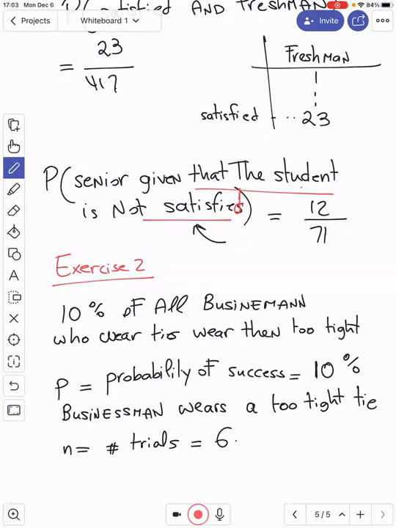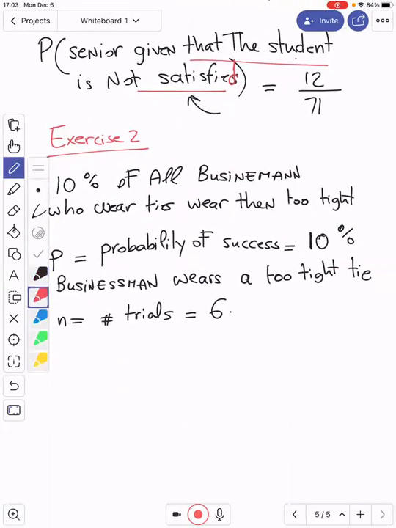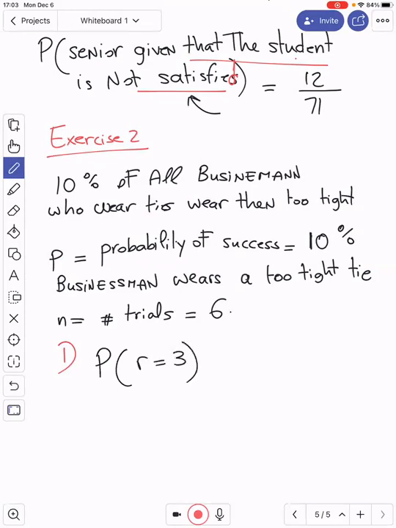So what's the probability that exactly 3 ties are too tight? So for number 1, we need the probability that R is exactly 3. So R here, that's the number of successes.